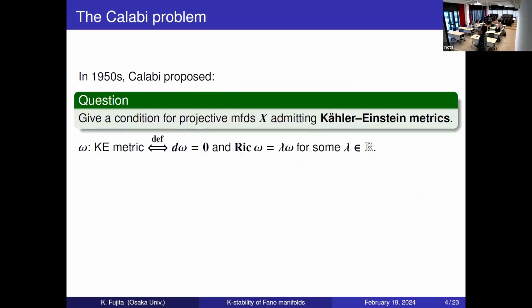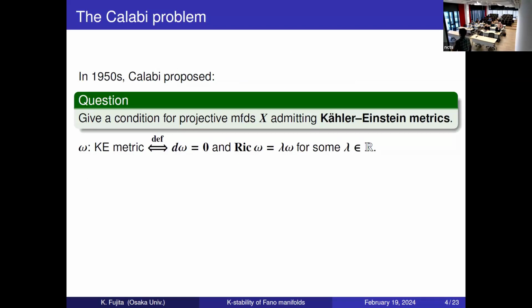Our main motivation is the Calabi problem, a complex differential geometric problem. In the 1950s, Calabi proposed the following question. For a smooth projective variety X, give a condition for admitting a good metric, the so-called Kähler-Einstein metric.